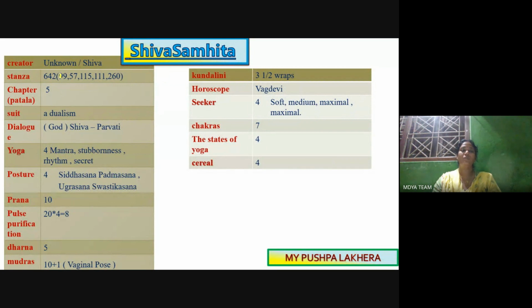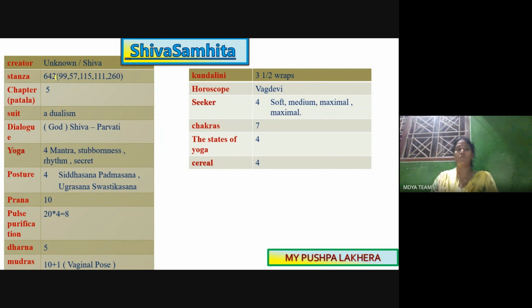The first chapter consists of 99 verses, the second chapter 57, the third chapter 115, the fourth chapter 111, and the fifth chapter 260. So the total slokas and verses are 642 in the Shiva Samhita, in 5 chapters.